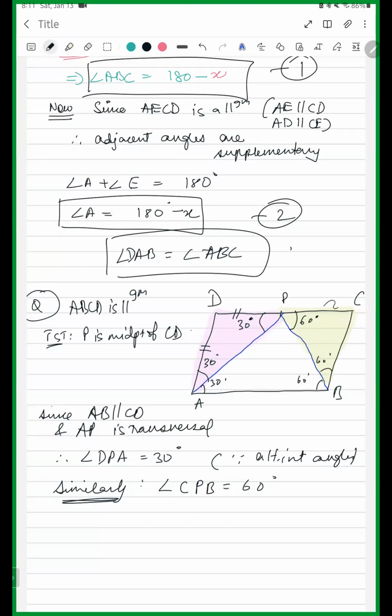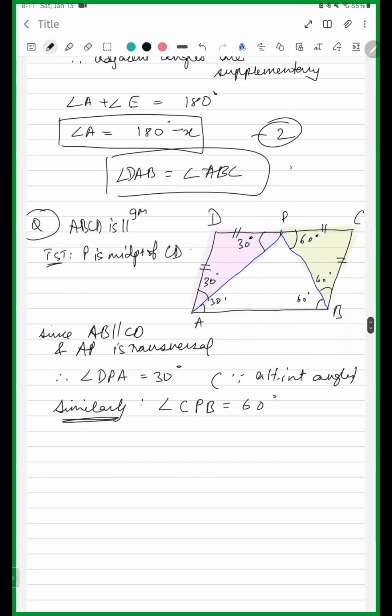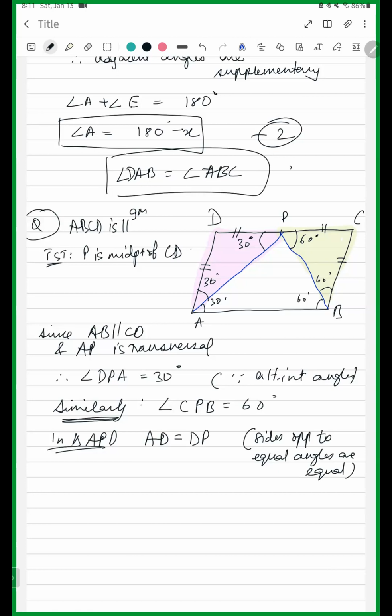This is 60 and this is 60. So now what we have shown here is in triangle APD, AD is equal to DP. Why? Because sides opposite to equal angles are equal. Okay, this is equation number one.